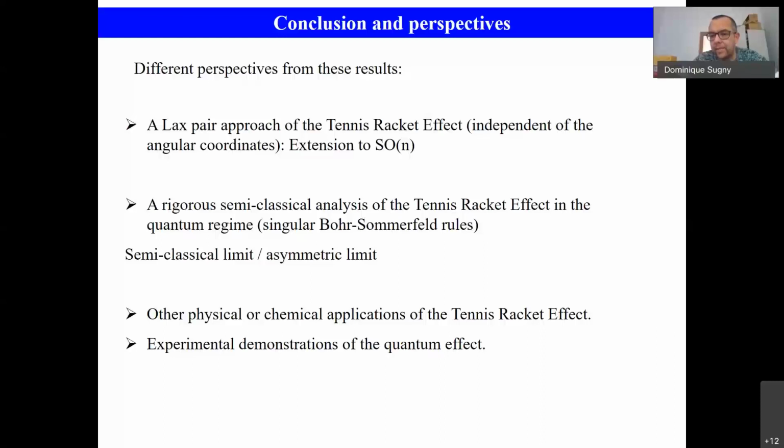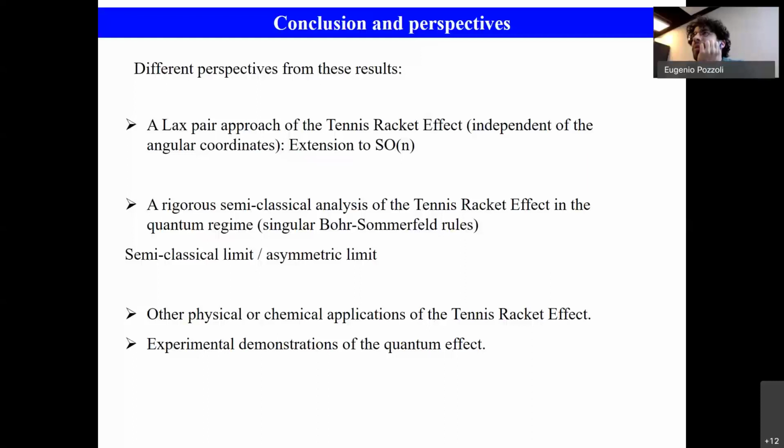I was wondering whether it is doable also from a controllability point of view, because it's not clear if it is controlled. For example, it may depend on the position of the dipole inside the molecule.